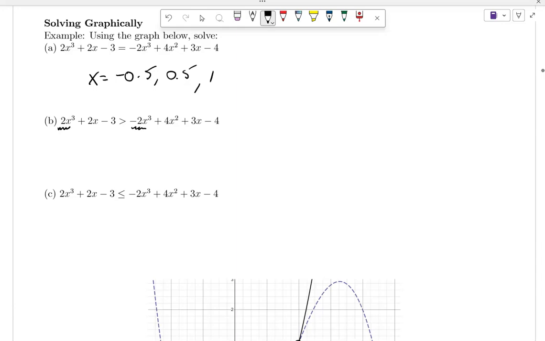Okay? So each of these graphs is, one of them's the left-hand side, one's the right-hand side. Well, let's ignore the coefficient. We have that x cubed. What does your x cubed graph look like? It goes from bottom left to upper right, right? That's a little kind of snaking idea.